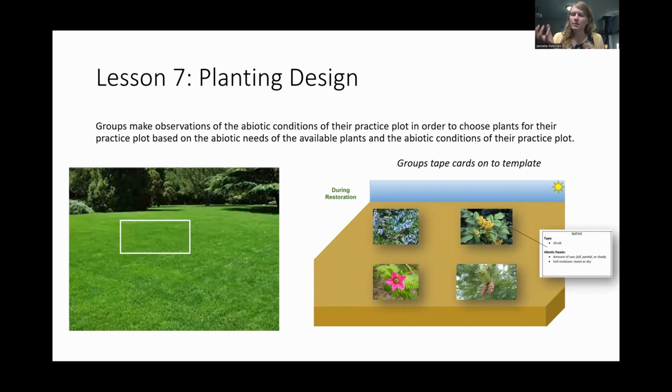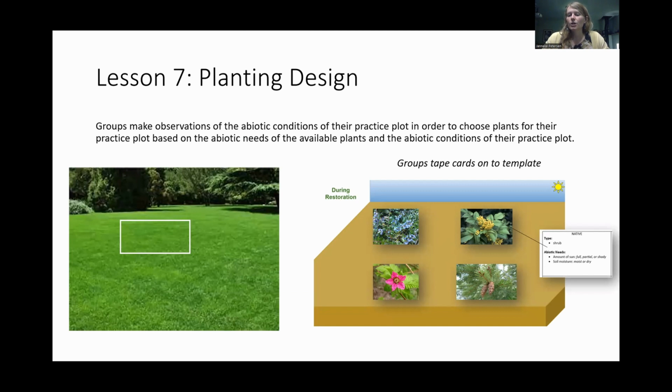And then they do a very simple test by holding a clump of soil and determining what kind of dry or moist soil it is. And so again, you're going to want to leave those restoration plots that you set up for lesson 4, leave those plots set up because you'll need them for lesson 7.